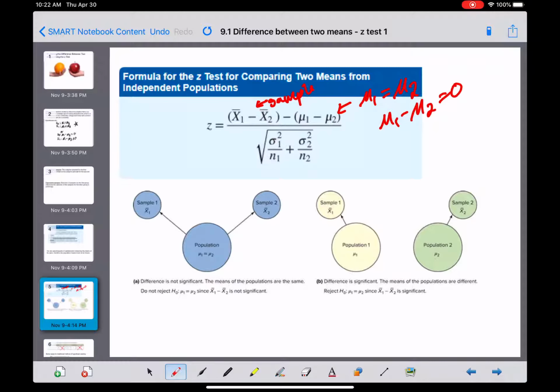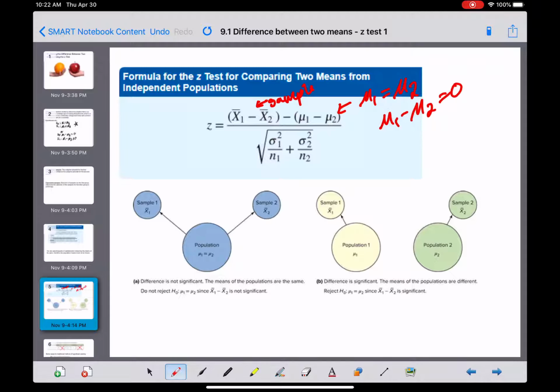Sometimes they will assume, and I think I say this in the next slide, that the difference is 3. So that part is not always 0, but for our purposes, it will be. And then divided by your standard error, which is going to be standard deviation squared over n1 plus standard deviation squared over n2.